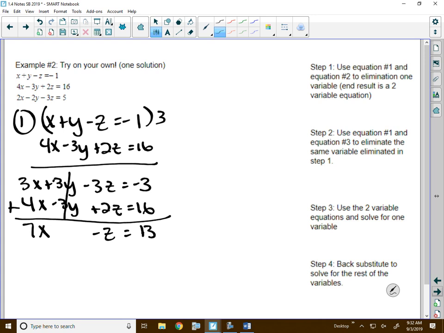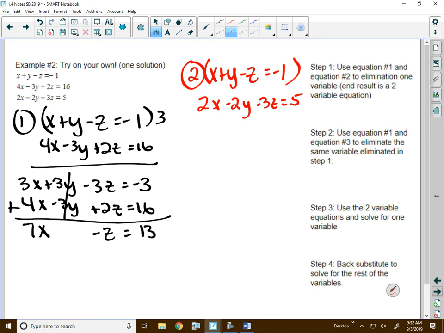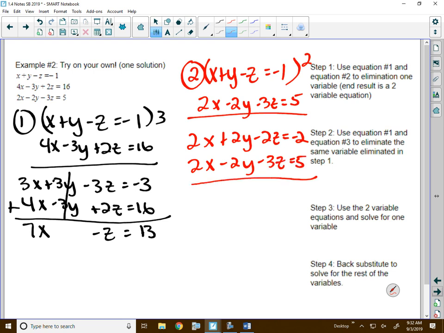All right, there's step 2. If you canceled Y, I'm going to do Y up here. That's what you should have for the second equation if you canceled Y. Anybody having issues or questions, or you didn't get the same thing, you want me to check your work?